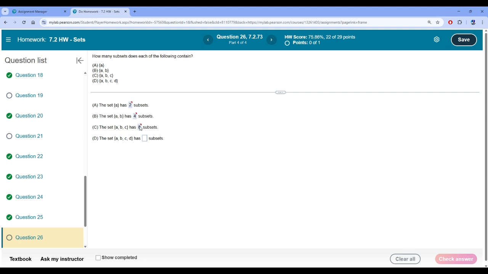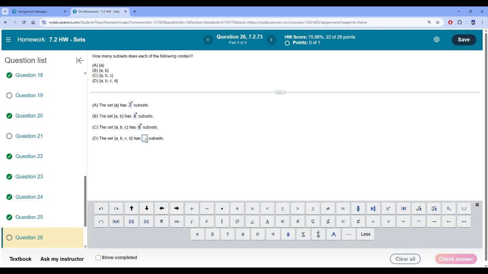How do you get 8? I know what they're talking about. So it's like A and the empty set. Here it's A, B, and the empty set. Here it's A, B, C, A B, B C, A C, and the empty set, right?